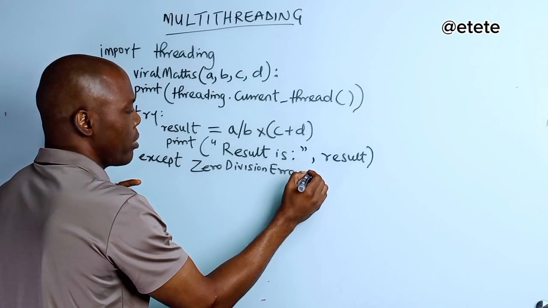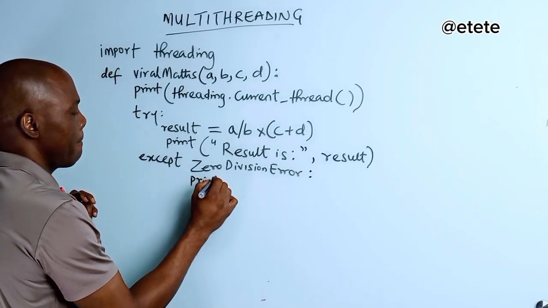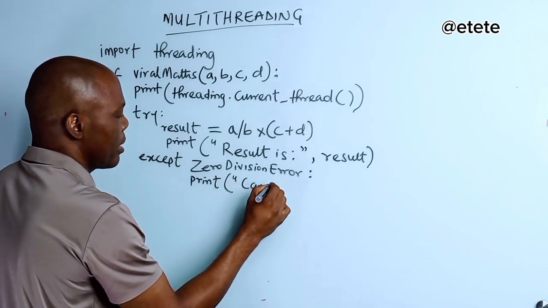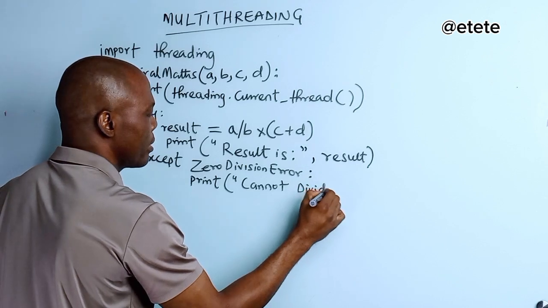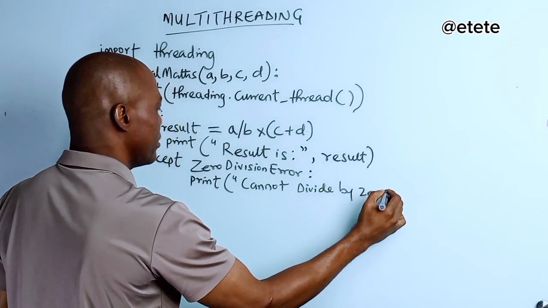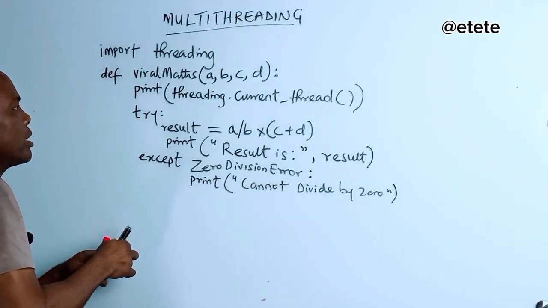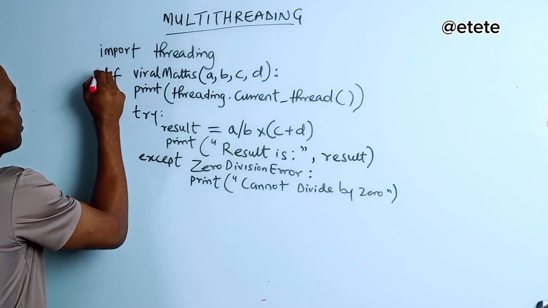Except ZeroDivisionError, print "cannot divide by 0". I want you to print this out. So this is my task.